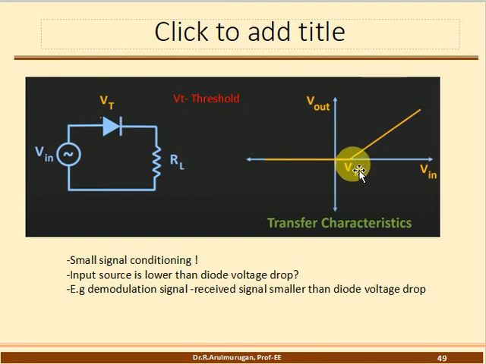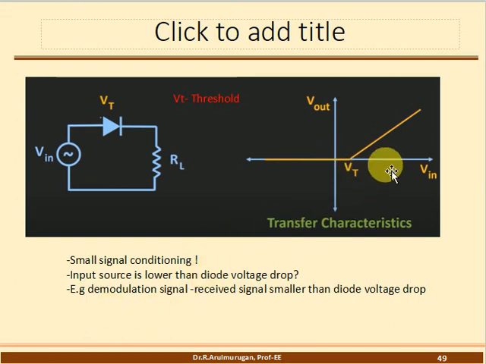A diode rectifier is okay for your battery charging application. But whenever you go for very small applications, such as small signal conditioning systems, or demodulation type of signal conditioning, at that time the 0.7 V is important.